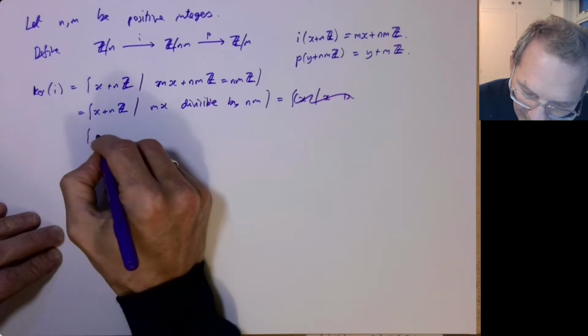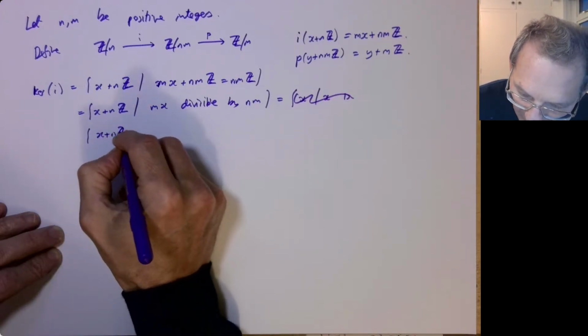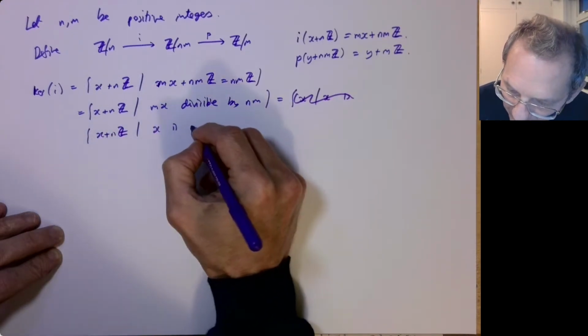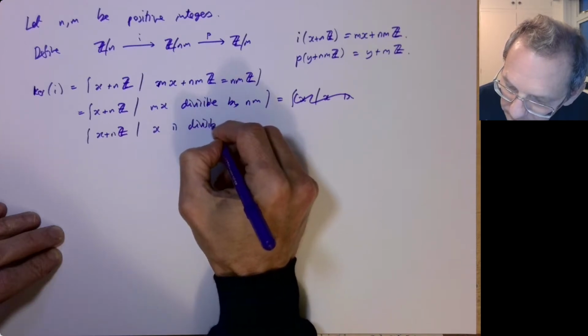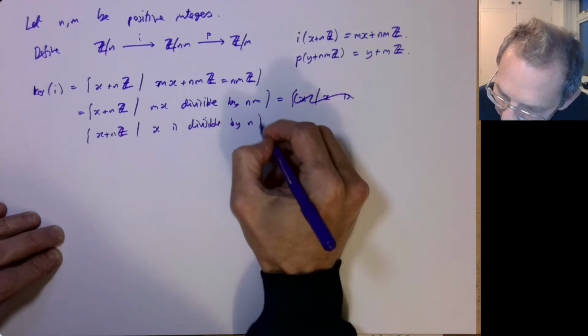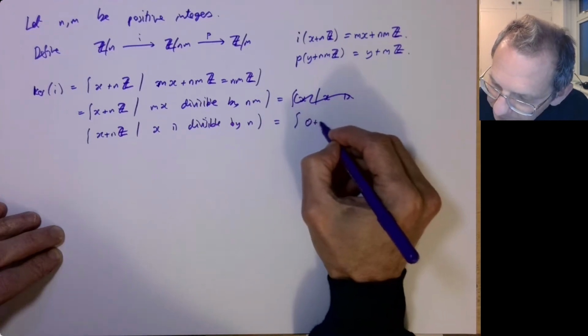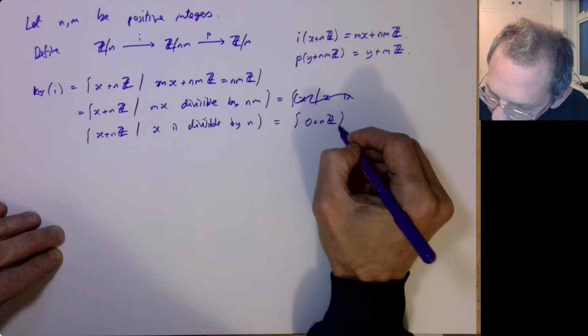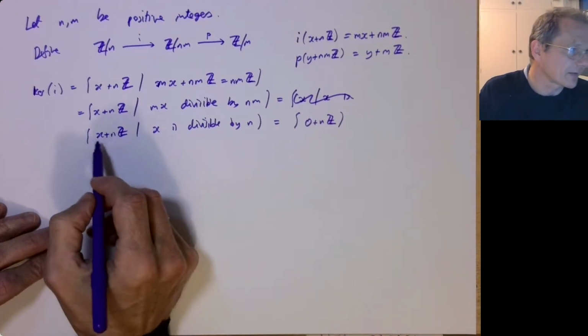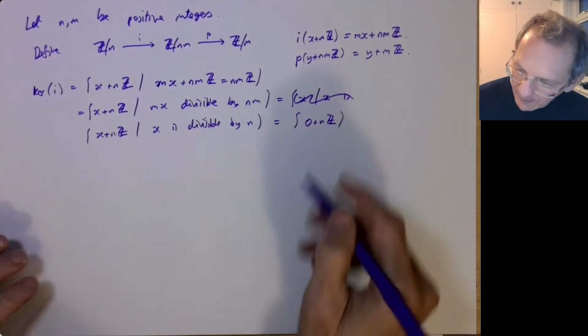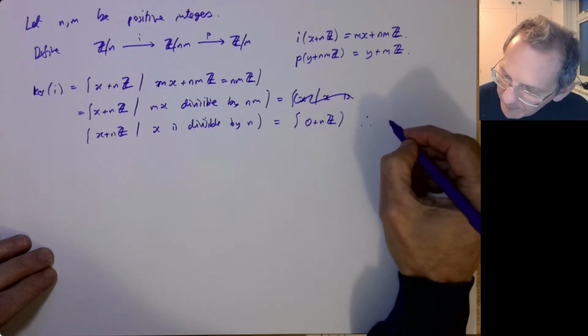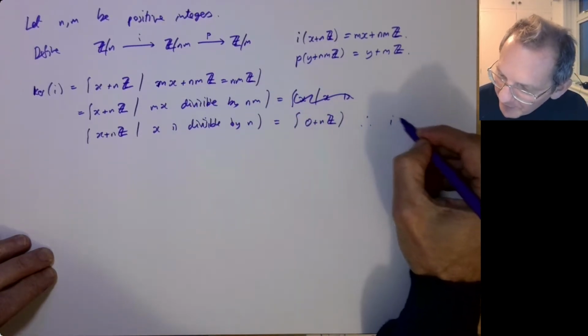That consists only of the zero coset, because if x is divisible by n, then x plus nZ is just the same as the zero coset. So this is the trivial group, therefore I is injective.